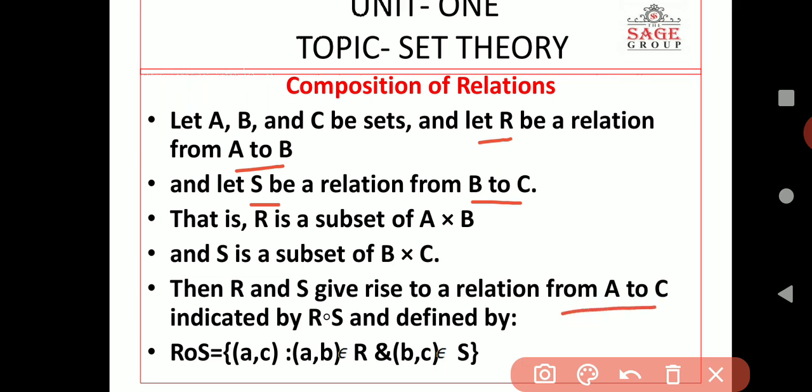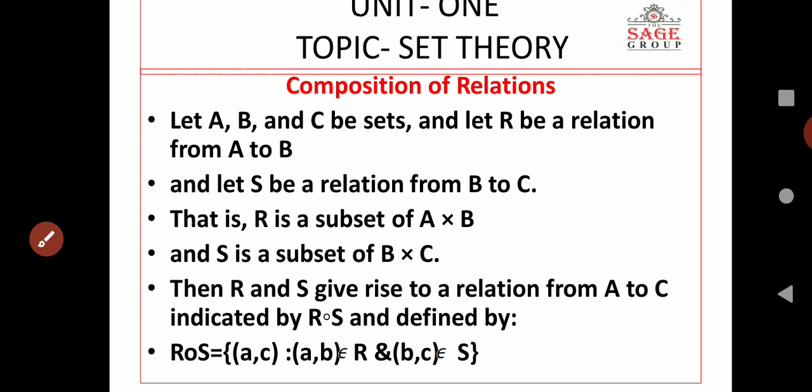The relation from A to C is indicated by S o R, or R o S as written here, such that (a, b) belongs to R and (b, c) belongs to S. So this is called composition of relation.